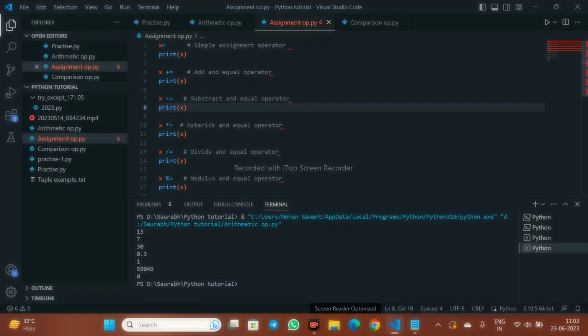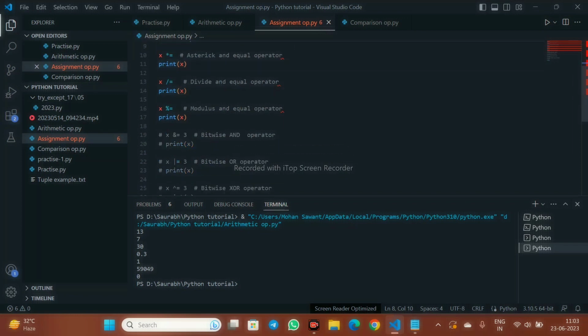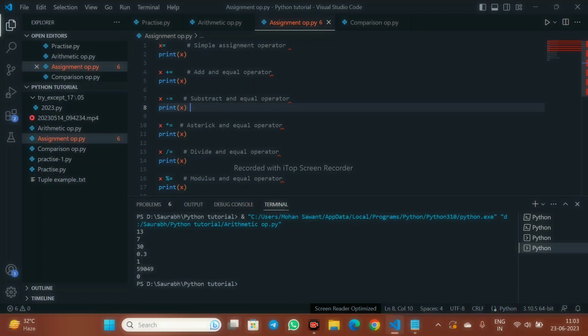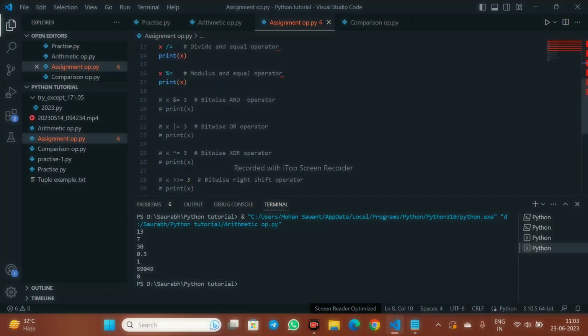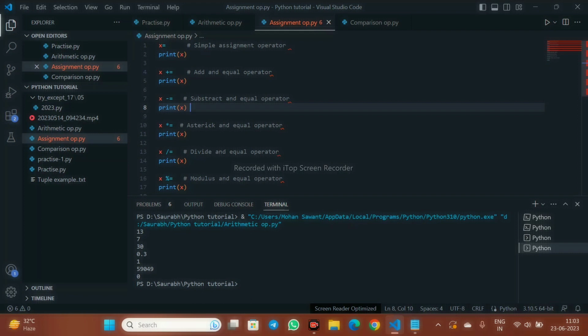Like example x is equal to 1, that means the number will be stored in the variable. So there are a total of 11 assignment operators, but we will see here only 6 operators in assignment.